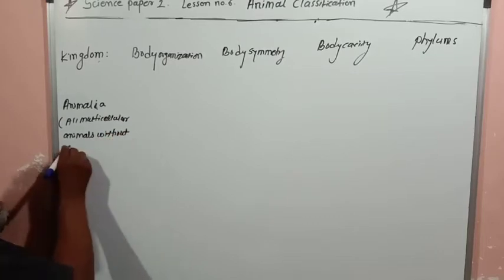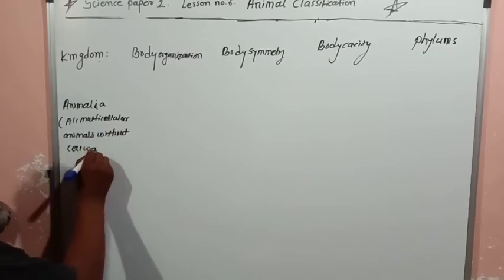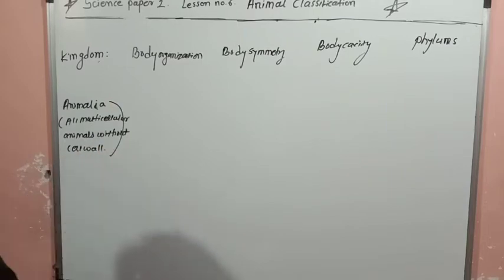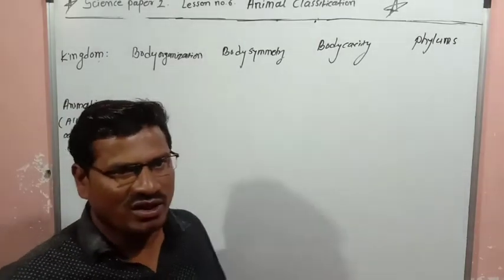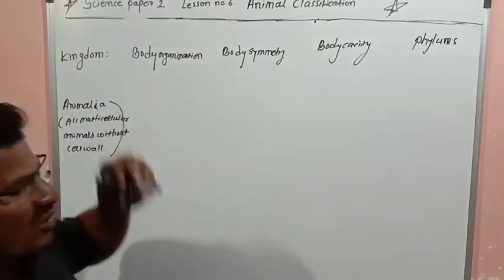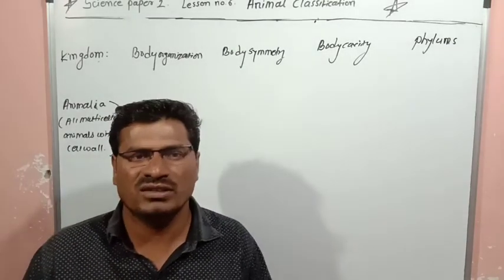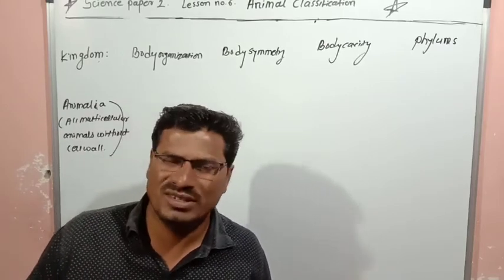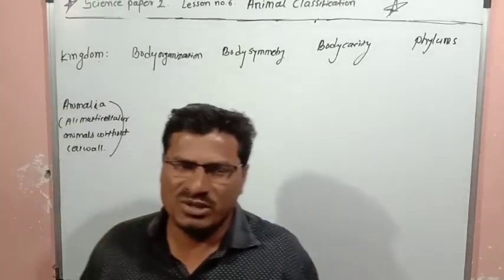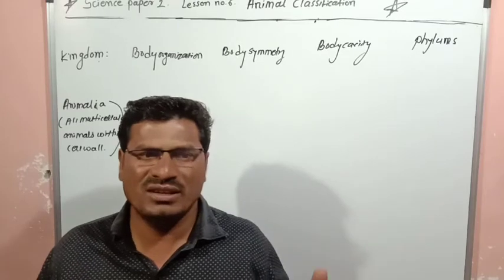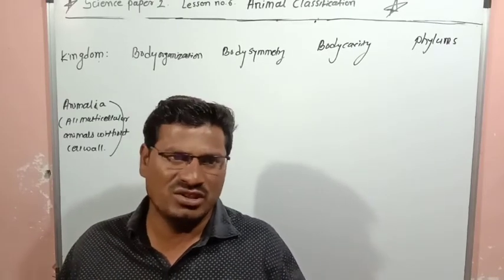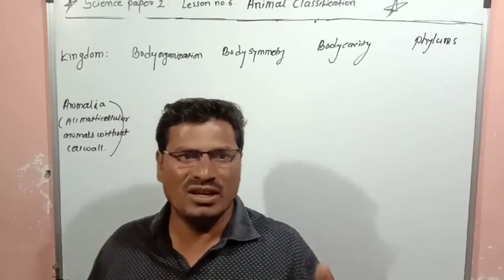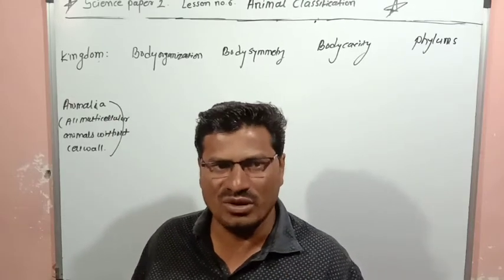This classification was given by Robert Whittaker. Next is body organization. We have seen what types of body organization there are: protoplasmic, cellular, cell-tissue, tissue-organ, organ-system, and whole body. These are the grades of organization.